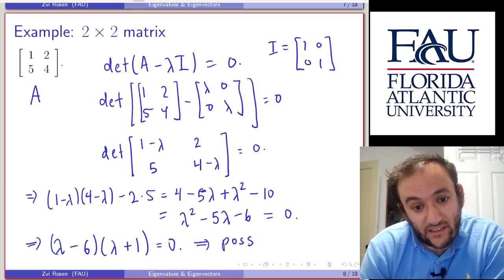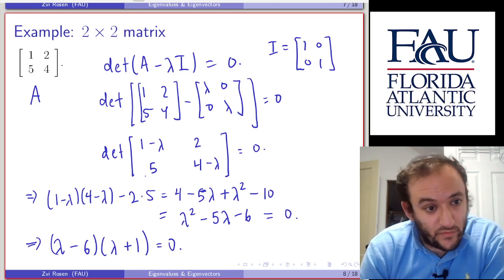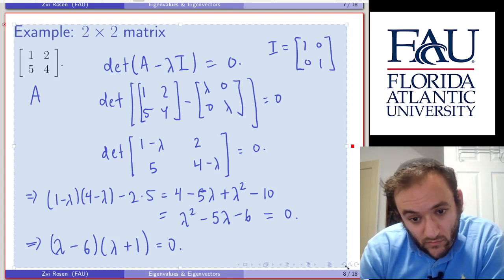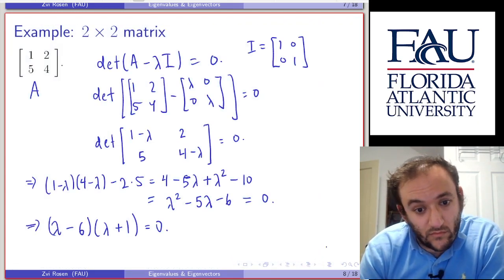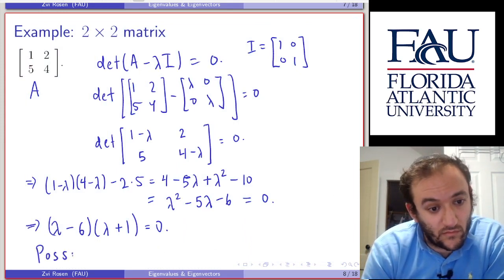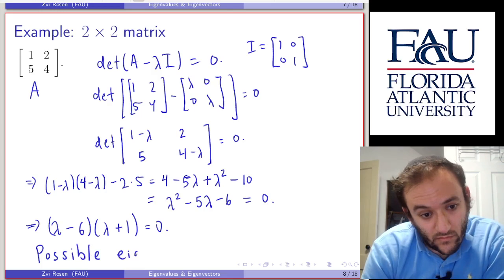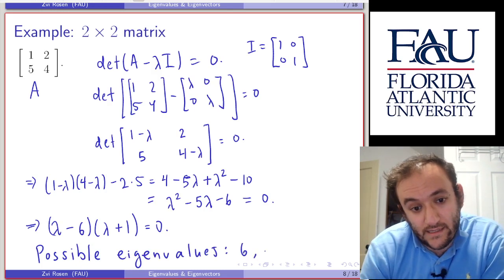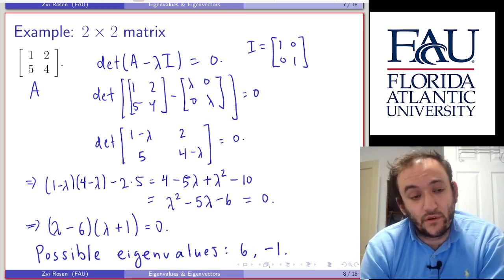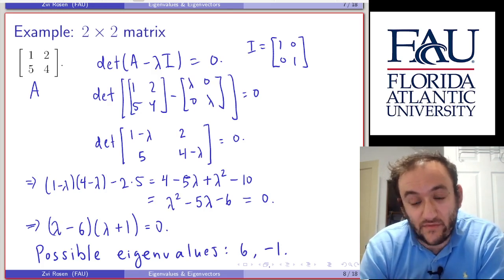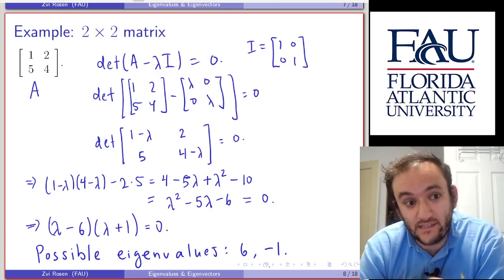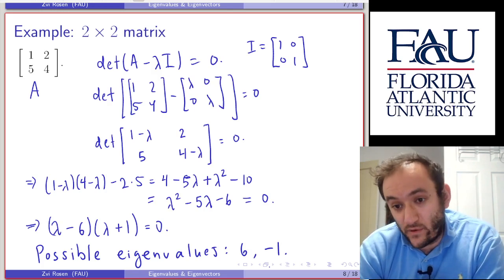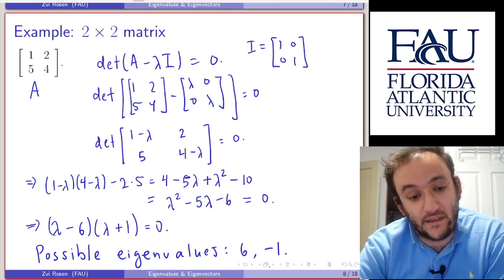So any eigenvalues satisfying the characteristic equation with this matrix, the only options are 6 and negative 1, because that's the only place where this polynomial has a root. This polynomial evaluates to 0.